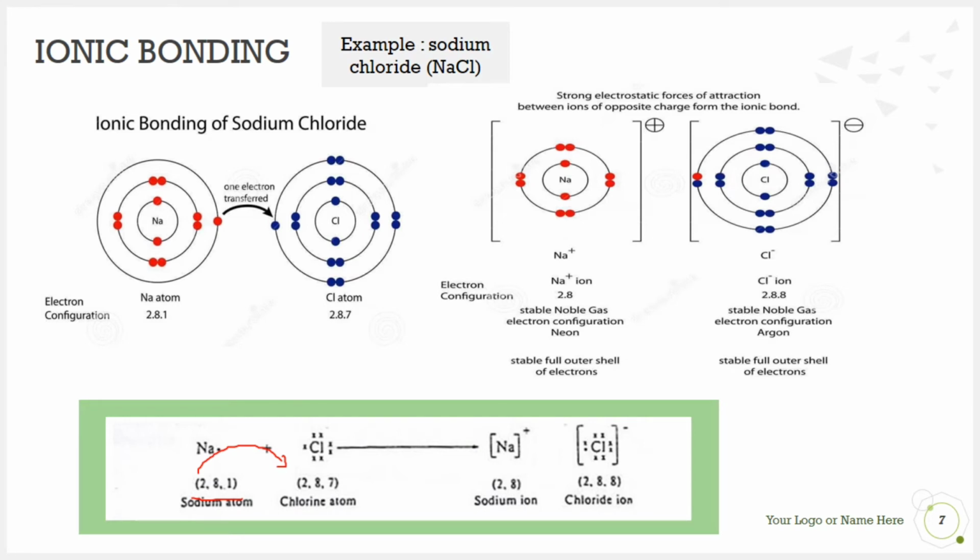Sodium becomes stable because it donates one valence electron to chlorine, and the chloride ion becomes stable by accepting one valence electron from sodium. So the chemical formula is formed as sodium chloride.